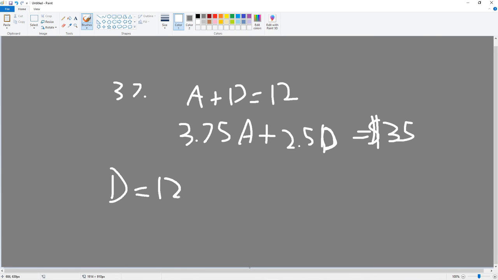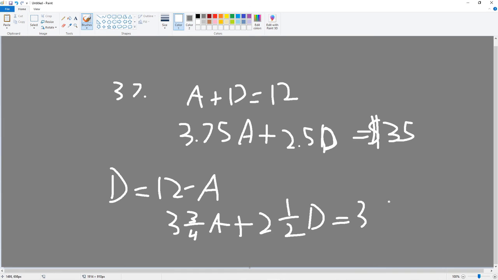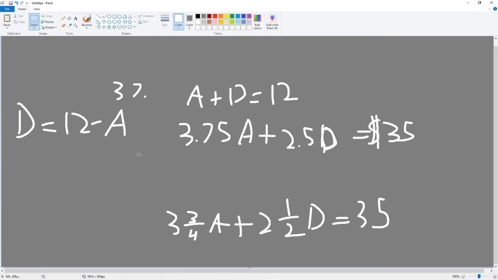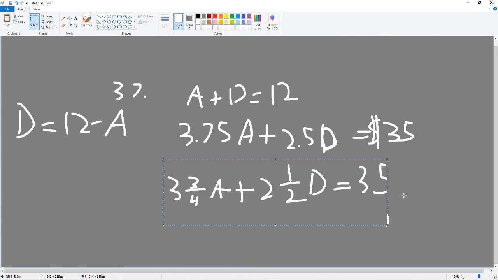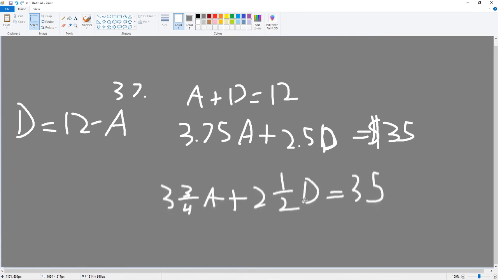We can say D is equal to 12 minus A. I personally like to work with fractions, so 3.75 is 3 3/4 times A, plus 2.5 times D is equal to 35.